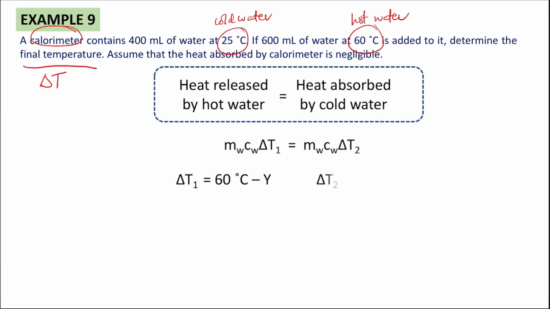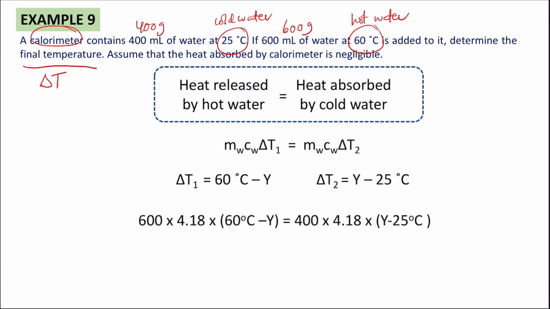Dan bila awak ada delta T2, temperature dia akan bertambah untuk cool water. So, bila kita rearrange kita punya information, we have the mass, assume density dia 1 gram per milliliter. So, ini akan jadi 400 gram, ini akan jadi 600 gram untuk mass for your water.